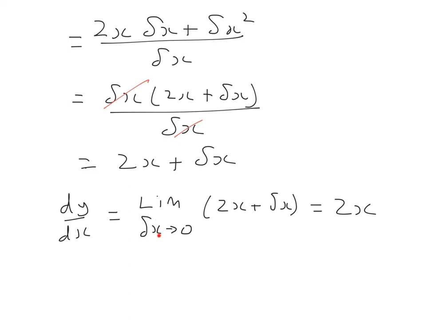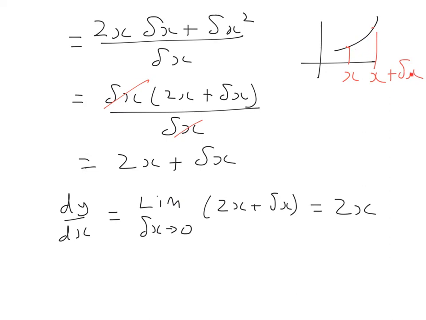What does this mean? Well, if I do a quick sketch here, we had x squared there, and x plus delta x squared there. So what we were saying was that the x coordinate here was x, the x coordinate here was x plus a little bit, plus delta x, and what we want to do is to make that gap as small as possible.